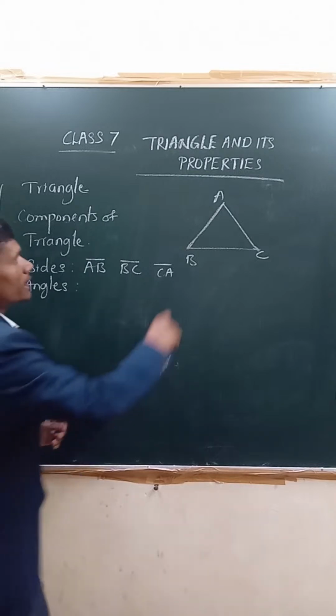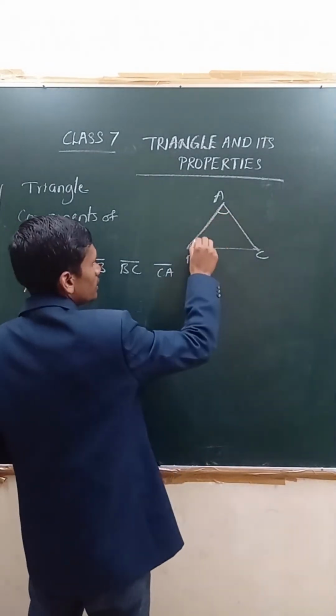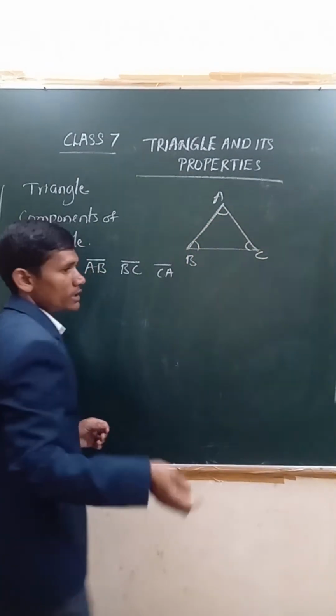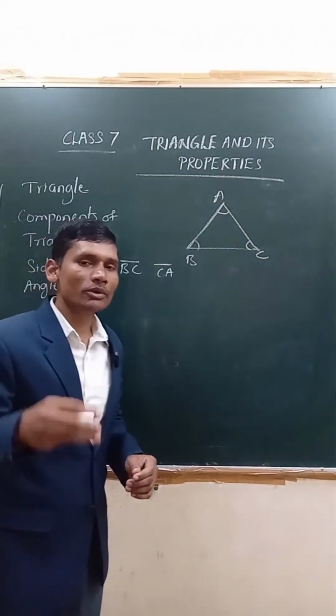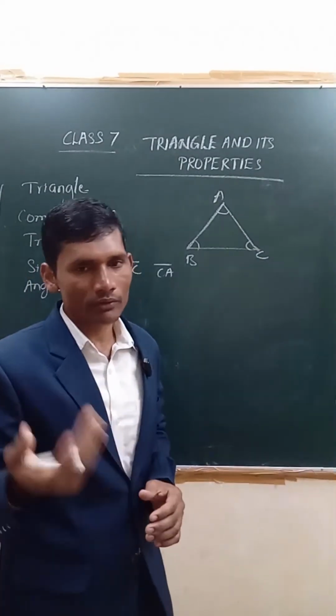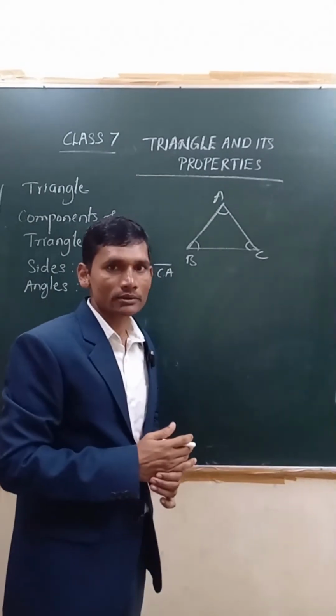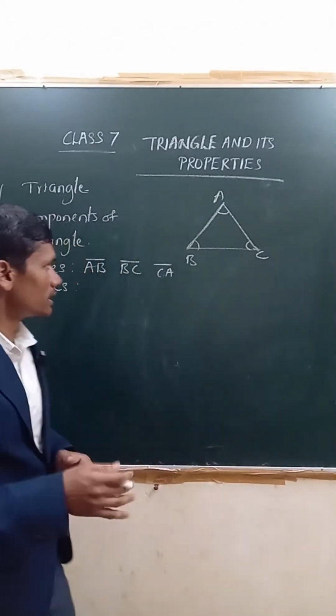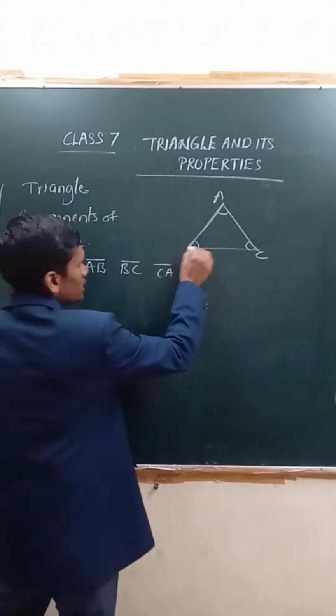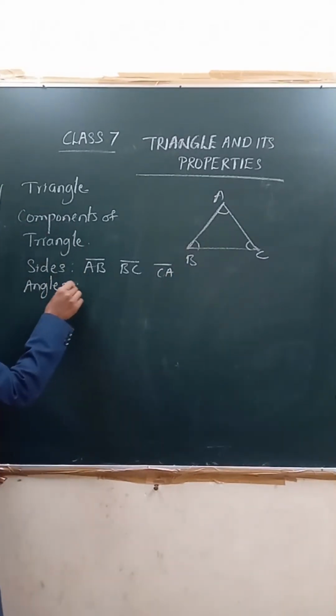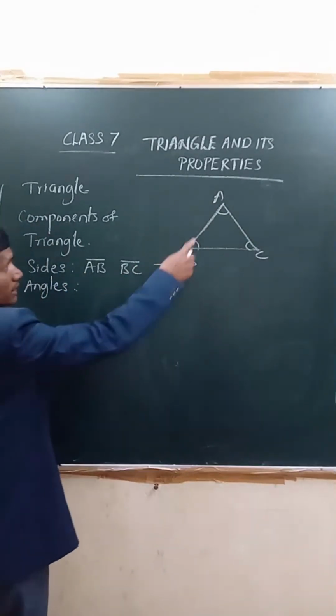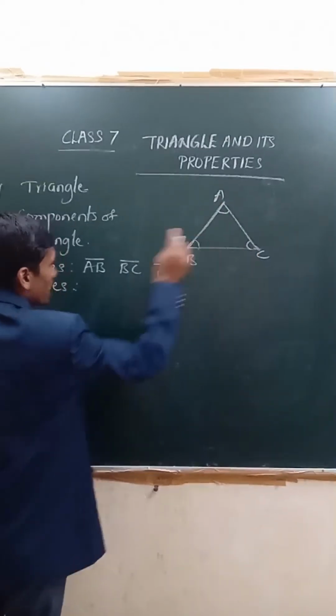Next coming to angles. How many angles are there here? Here one, here one, here one. What is an angle? It is already taught in the previous video, in lines and angles, where we defined once again what an angle is. Now how many angles are there? Here you can take ABC, one angle.